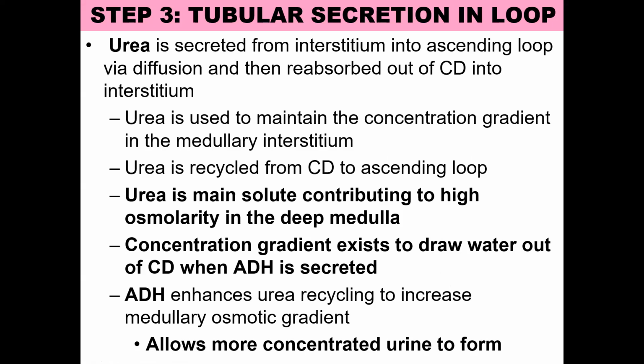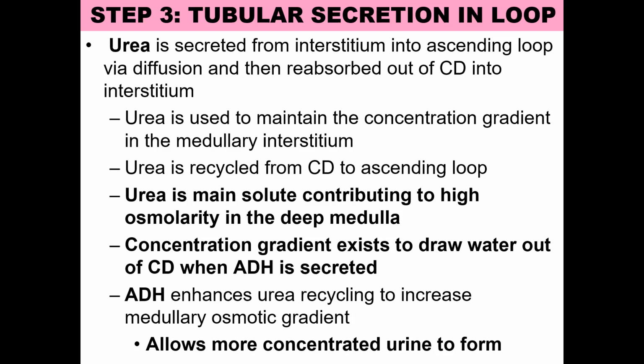Urea is secreted into the ascending loop via diffusion and then reabsorbed out of the collecting duct into the interstitial fluid. So this is a cycle of recycling. We know we have to get rid of urea, right?